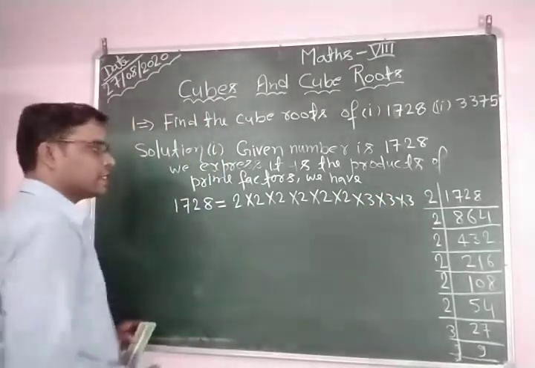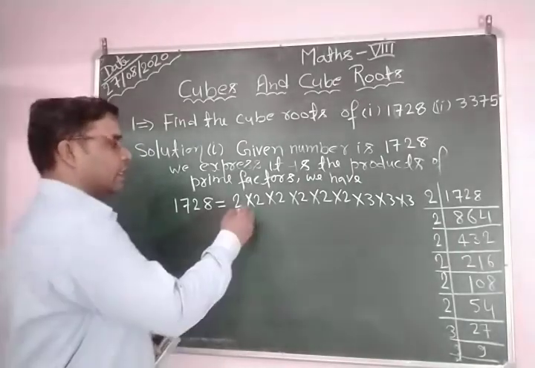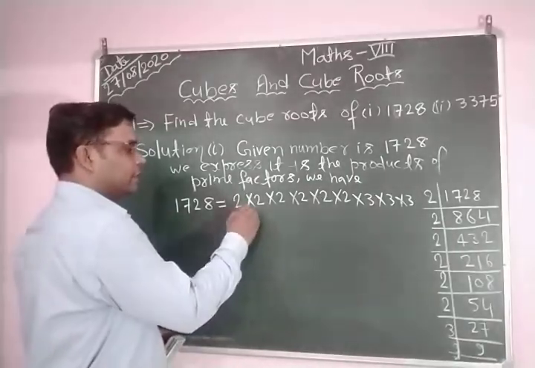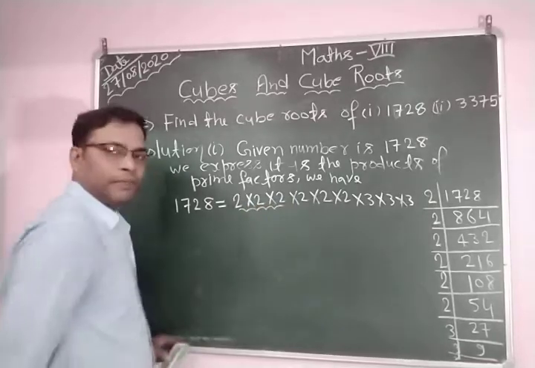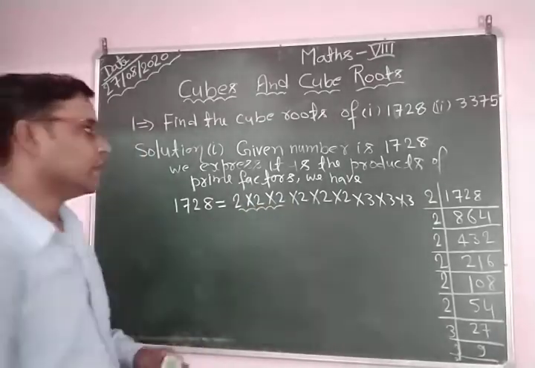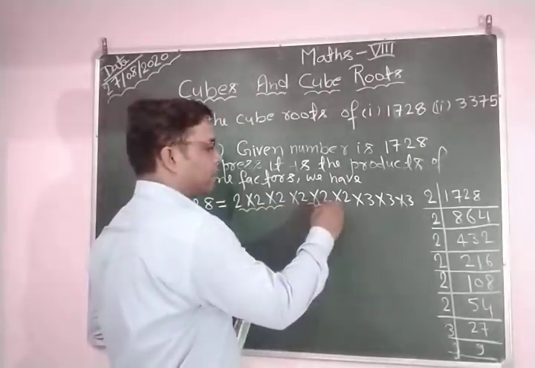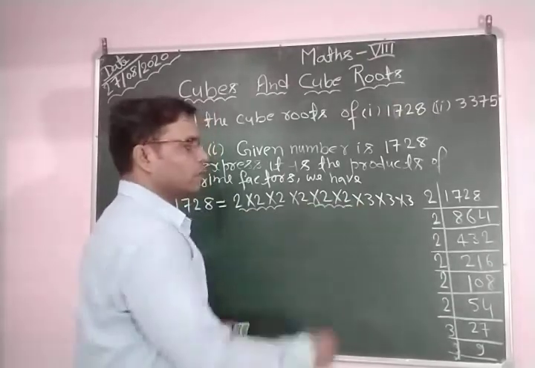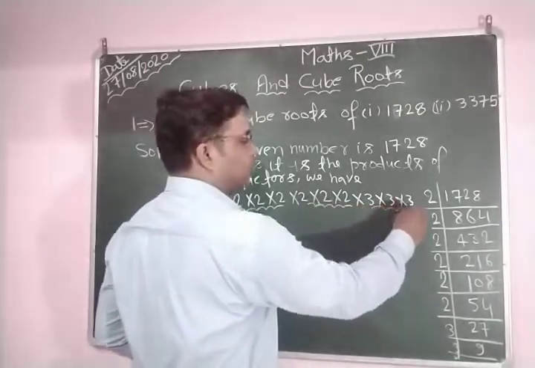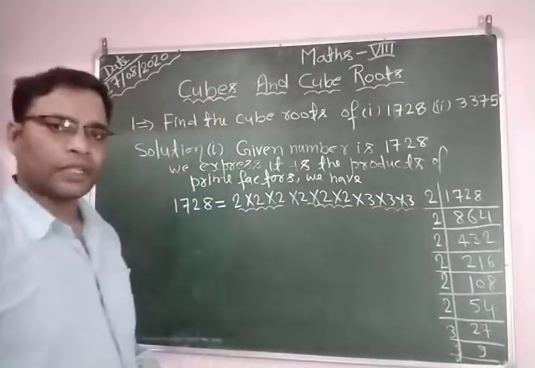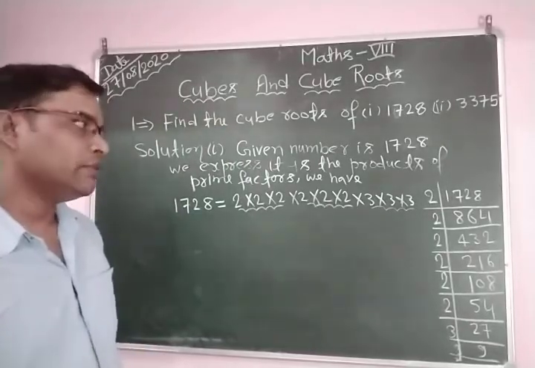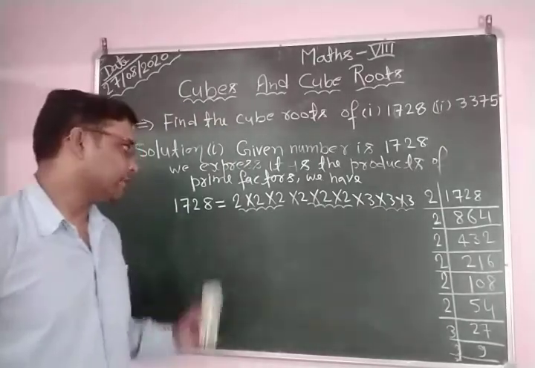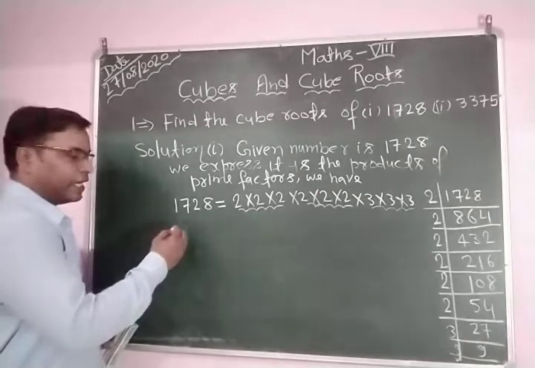You can see these prime numbers form a triplet group of 2, another triplet group of 2, and a triplet group of 3.